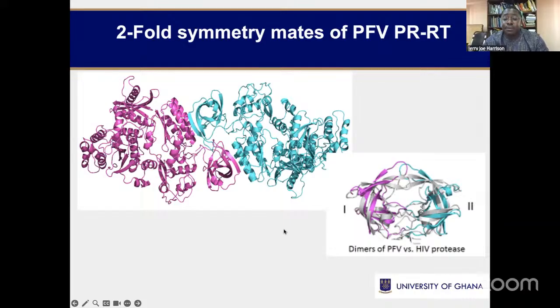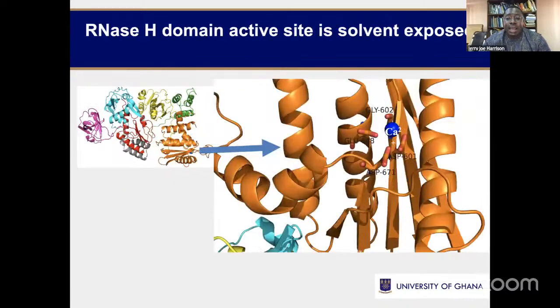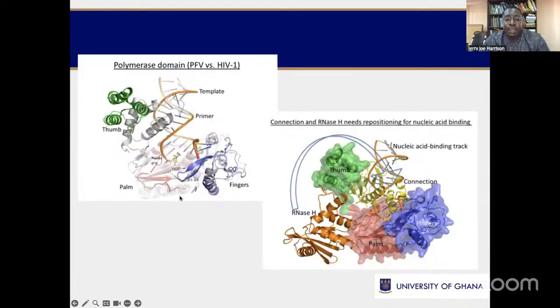What it meant was that this structure could actually dimerize in the way it is without affecting the other units in there. There was a calcium in the solution, and that could be found chelated to the RNase H active site, so we could easily identify what the active site of the RNase H is.